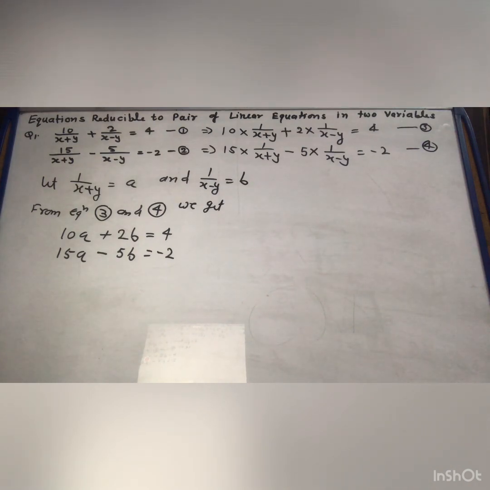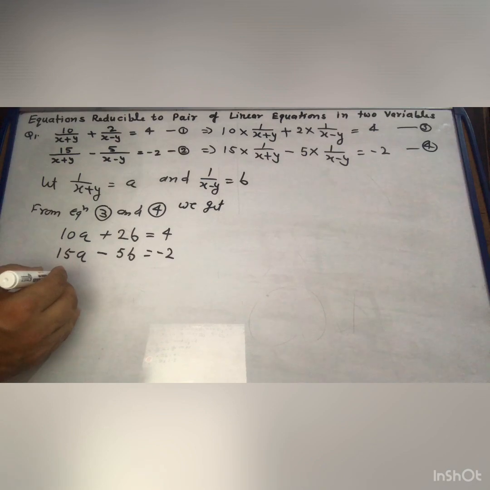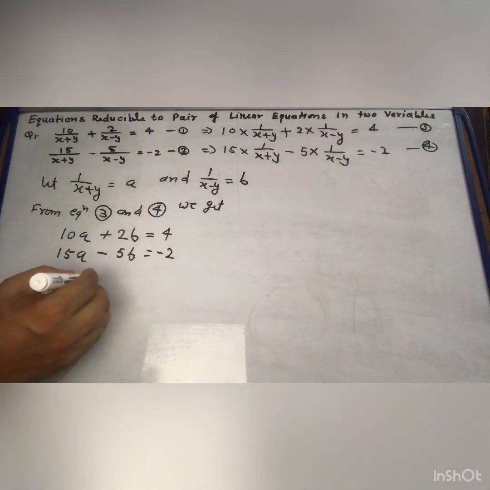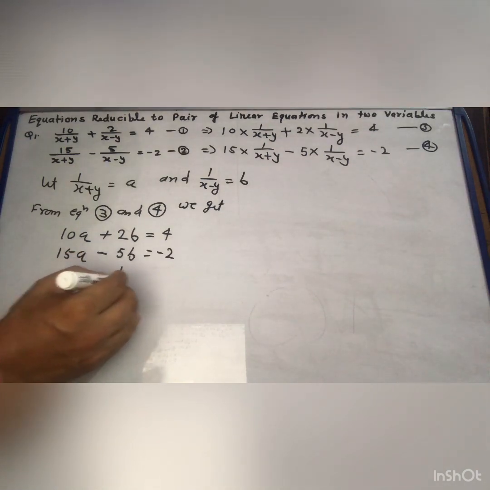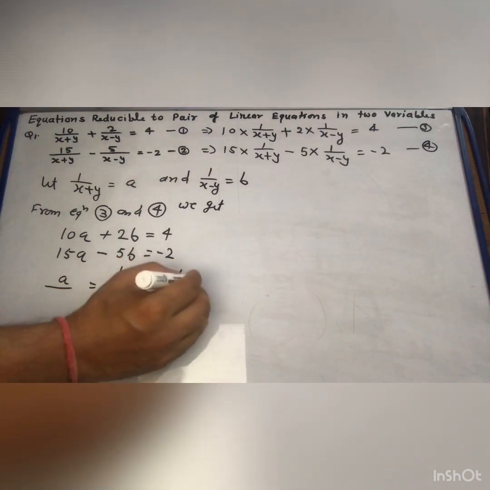Okay dear, so we will solve this equation by the cross multiplication method. So we will write it as a upon, equal to b upon, equal to 1 upon.